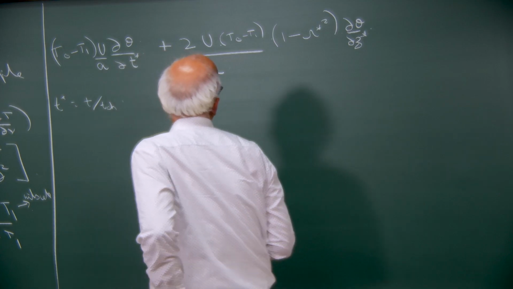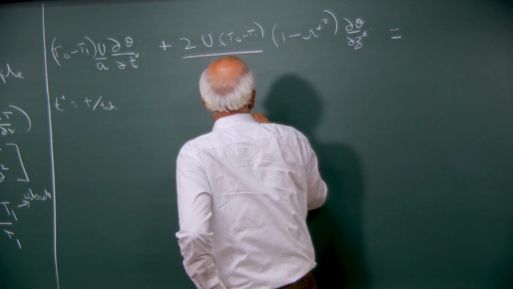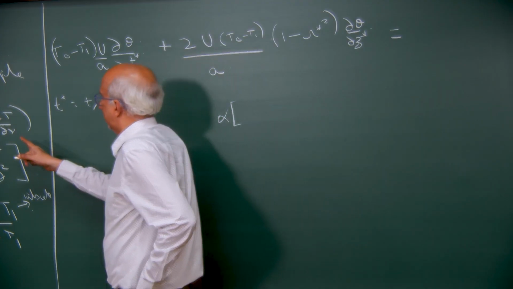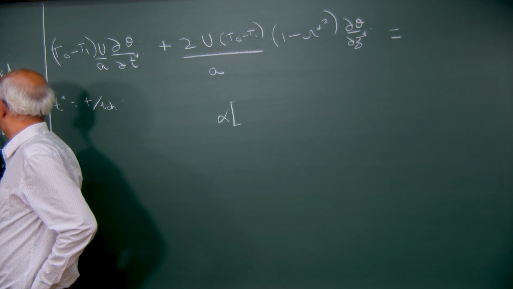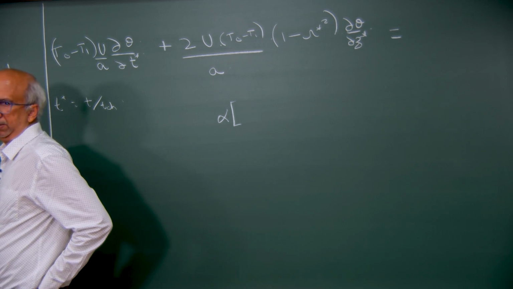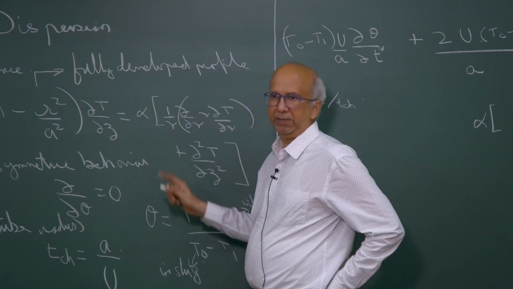Okay. Now, this equals what? This equals alpha times, since I have second order in the radius, I will get A squared here, and this temperature will give me T naught minus T1.